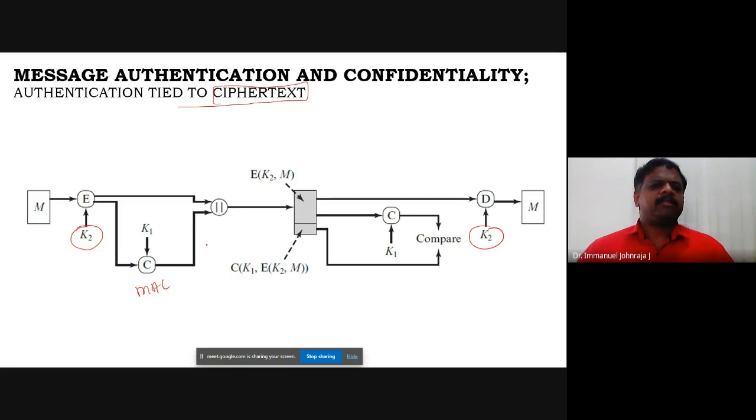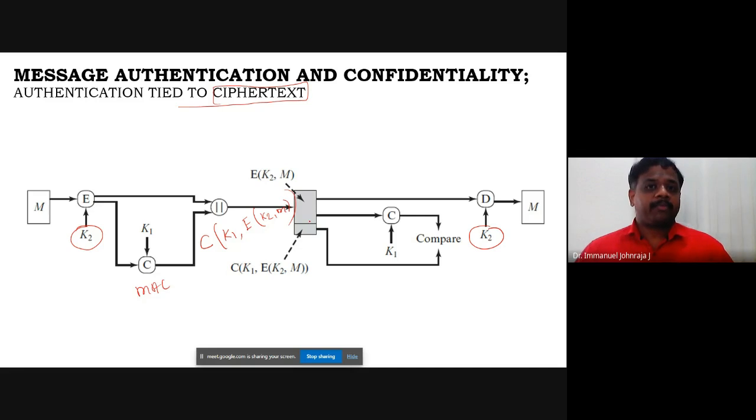And then the remaining story is simple. You have the function C, which takes K1. What does it calculate? It calculates the MAC value for the encrypted message, which takes K2 comma M. This is appended, and the two are sent across.